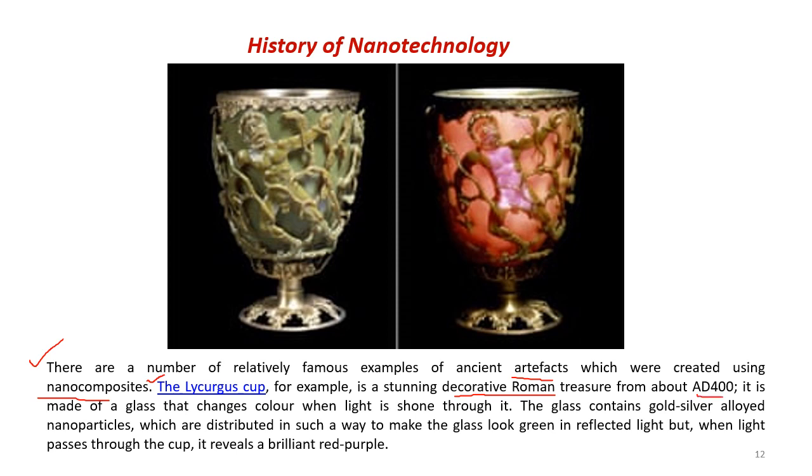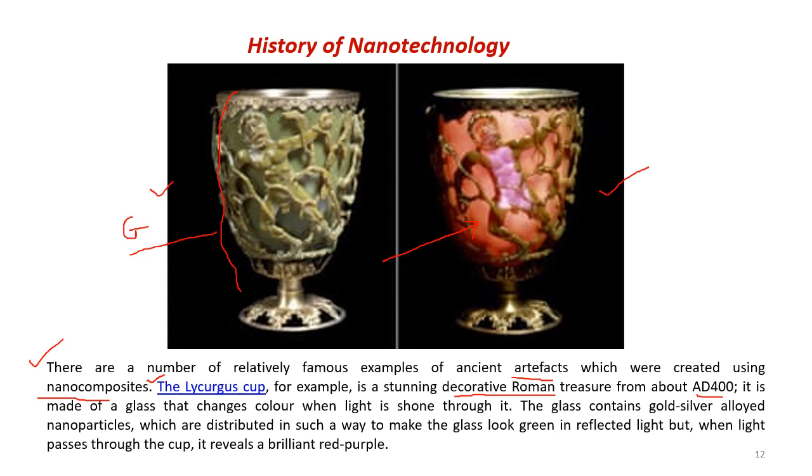It is made of glass and changes color when light is shone through it. The glass contains gold and silver alloyed nanoparticles, distributed in such a way that the glass looks green when light is reflected, and when light passes through it, it reveals a brilliant red and purple color.